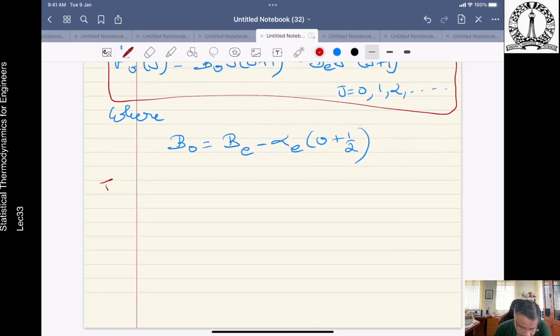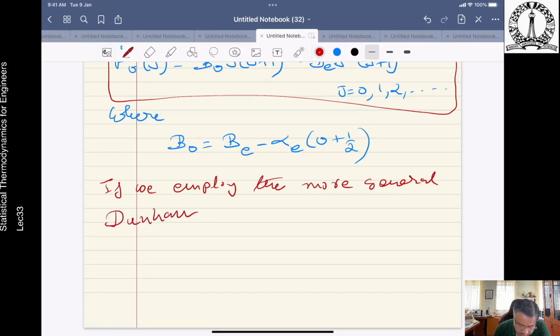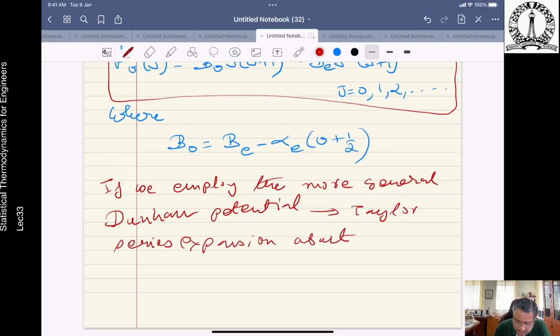If we employ the more general Dunham potential, which is basically a Taylor series expansion about r_e, we merely introduce higher order terms into these equations.